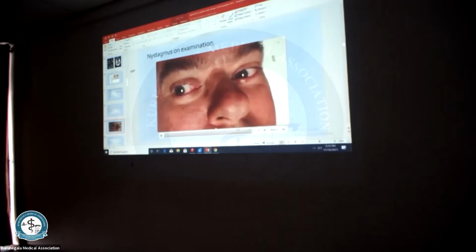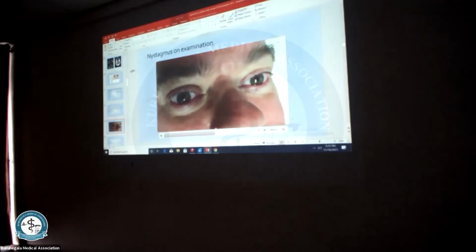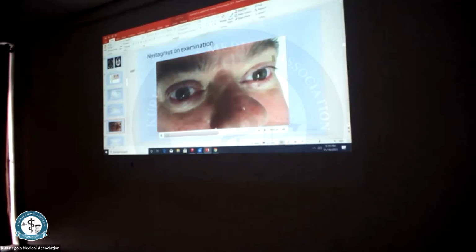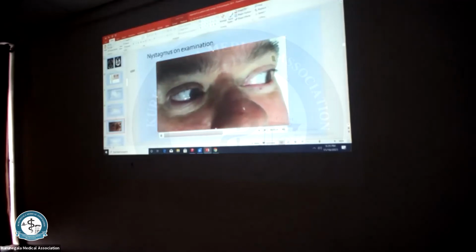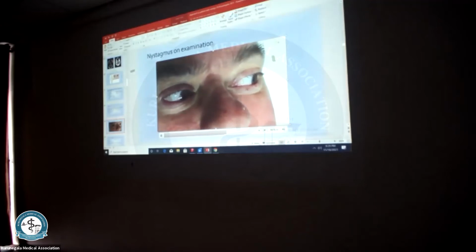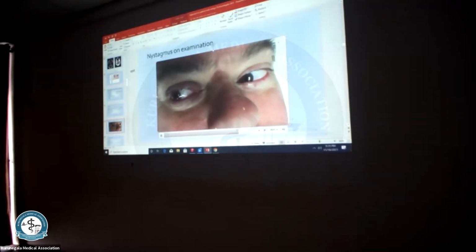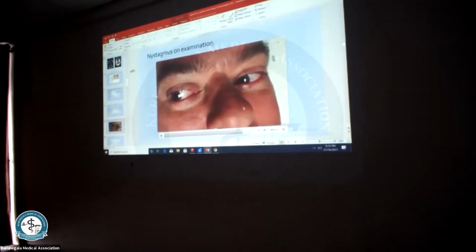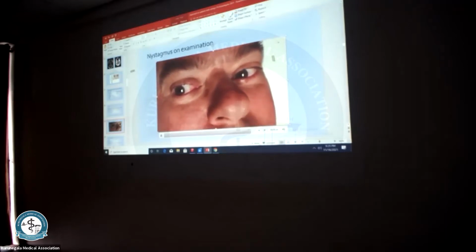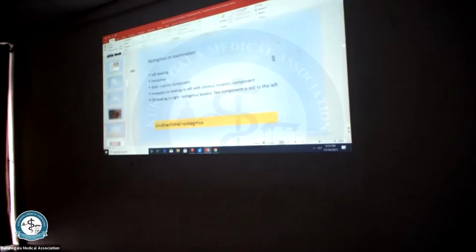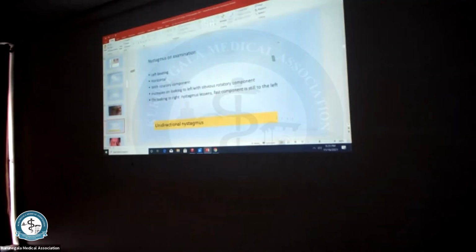That's a faster jerking to the left side. Again to the left side. Lesser, but again to the left side. So it is always to the left side. So it is a case of left-beating horizontal nystagmus.